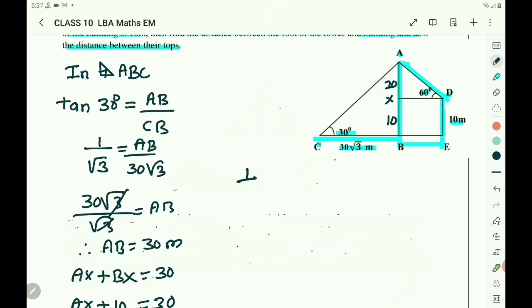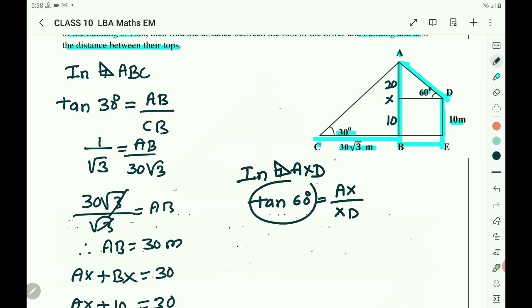Then you write, in the right angle triangle AXD, write tan 60 degree equals opposite side AX by adjacent side XD. Tan 60 is root 3.